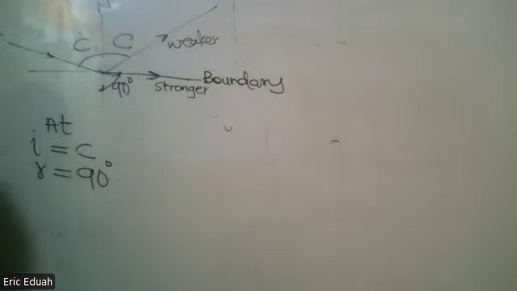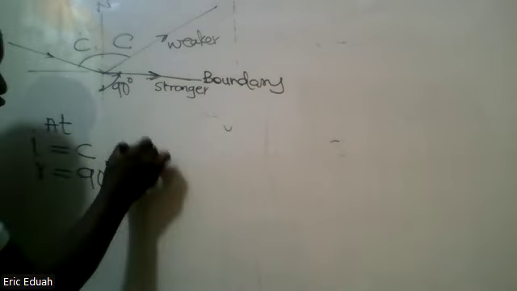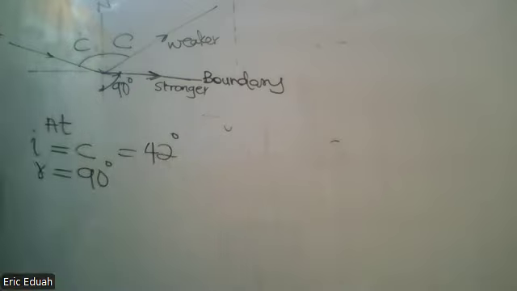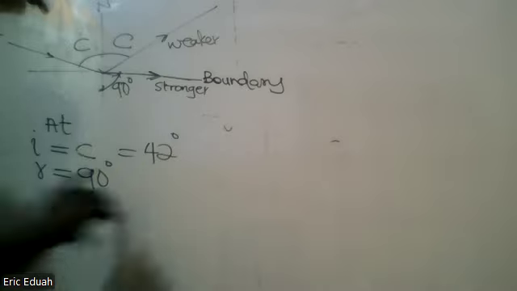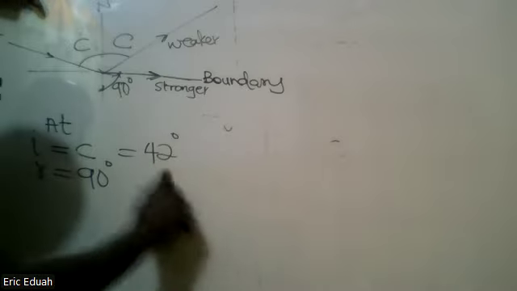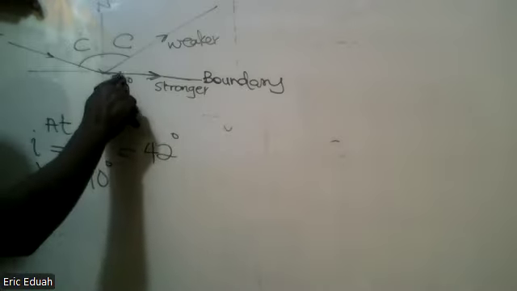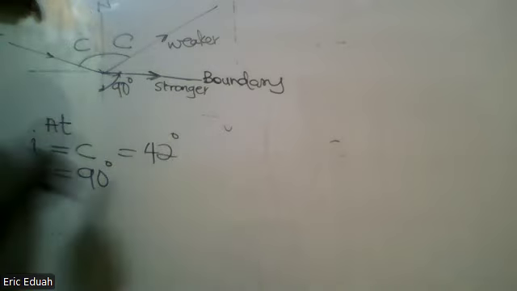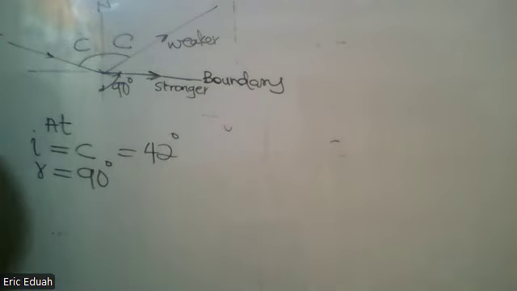Different materials have different critical angles. The critical angle of glass is 42 degrees, meaning that when you send light in glass and the angle of incidence is equal to this, the angle of refraction is equal to 90. Are you okay? Yes, please. Good.